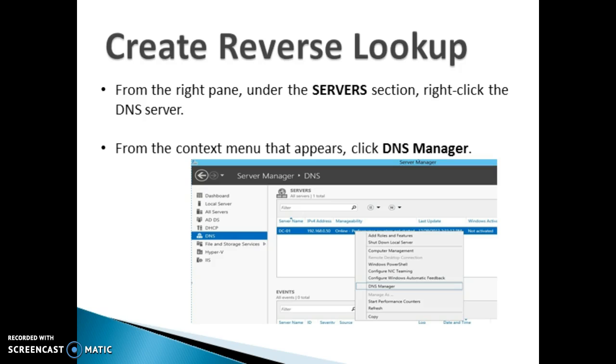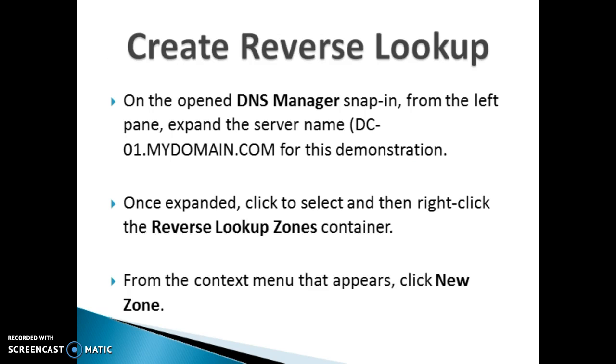From the right pane, under the server section, right click the DNS server, and from the context menu that appears, click DNS Manager. This is an example and a screenshot of what we're supposed to do. In DNS Manager, from the left pane, expand the server name.